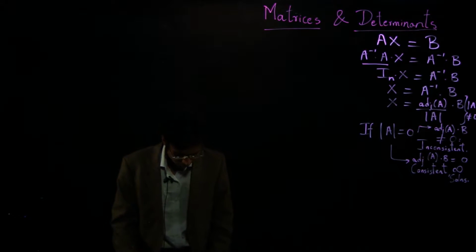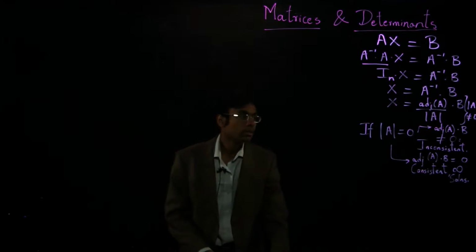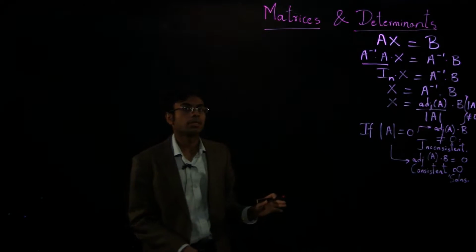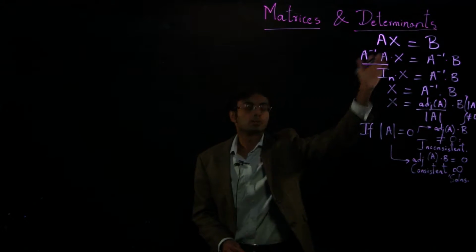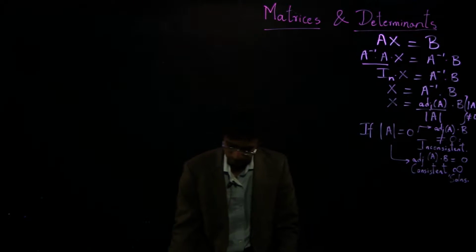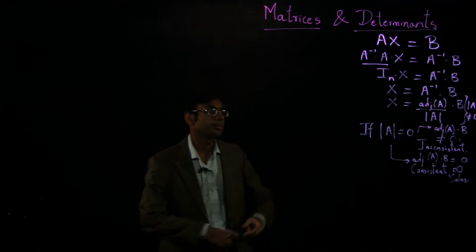Okay, so this is one way, using matrix operations, to solve a system of simultaneous linear equations. A second way is using determinants, or what is known as Cramer's rule.